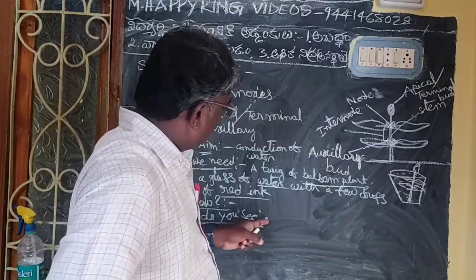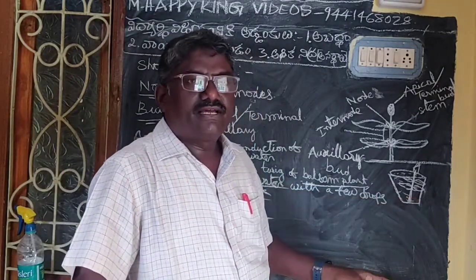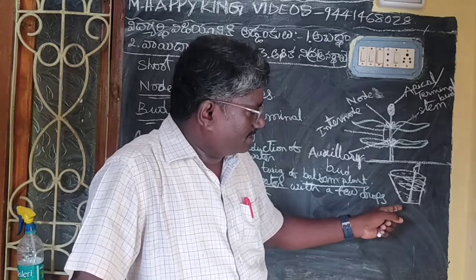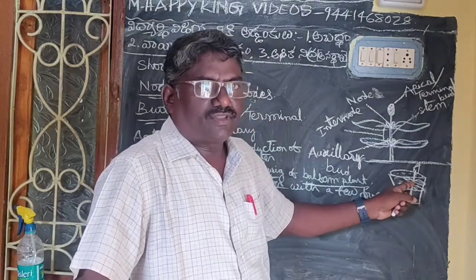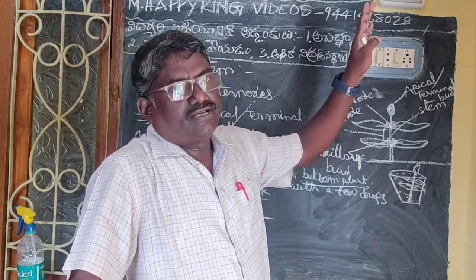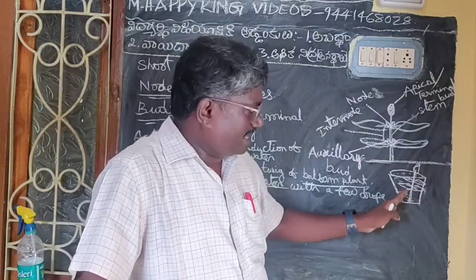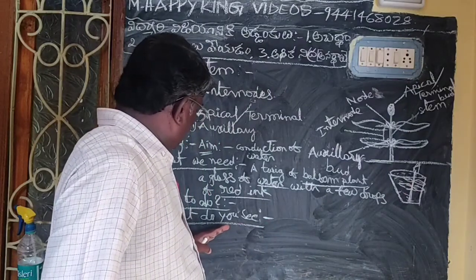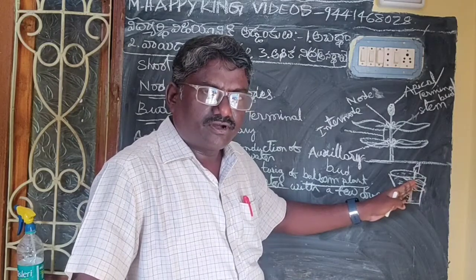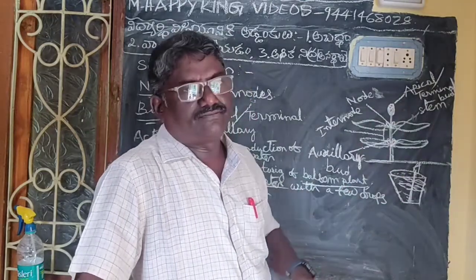The red ink is taken up by this twig or stem and transported upwards to the upper parts.